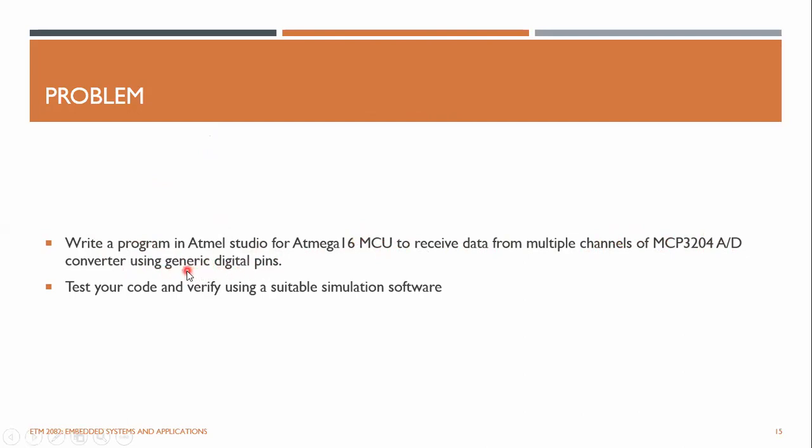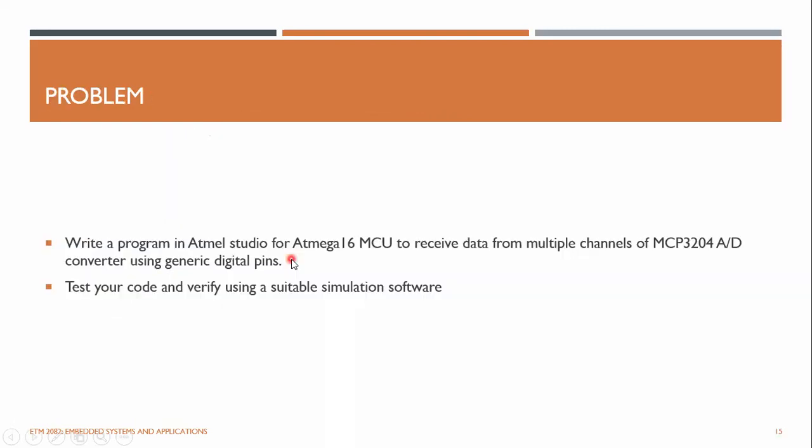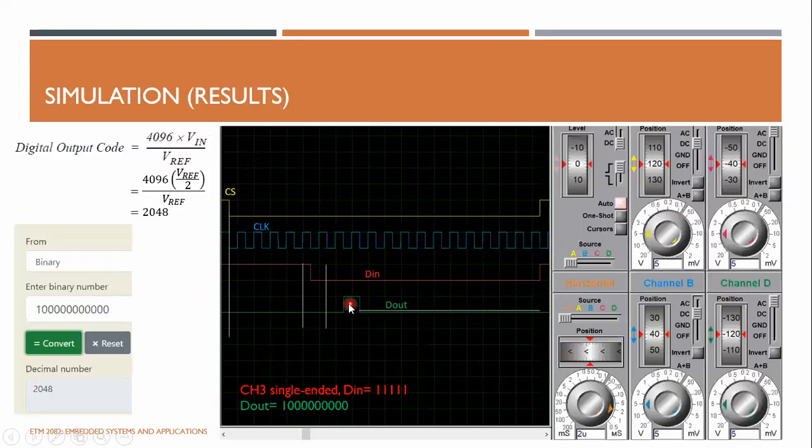Do not use the SPI dedicated hardware. Instead, you can write a code to manipulate the bit sequences that I have generated using delays. And you can test and verify your code using a suitable simulation package.